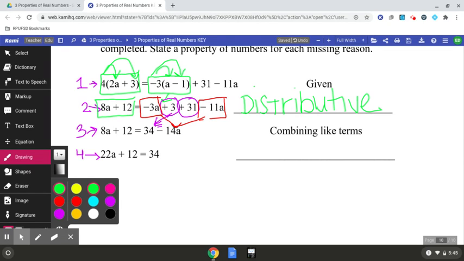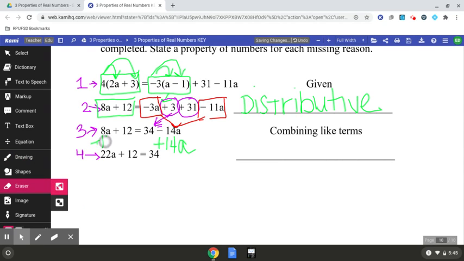To get rid of a -14a, we do the addition, but what we do to one side, we have to do to the other side. So here, these cancel out. That's why it's gone underneath. And 8 plus 14 is 22.